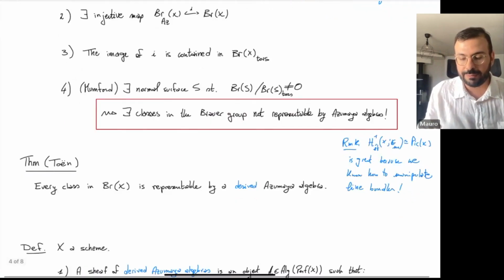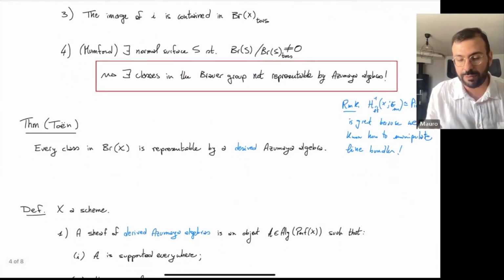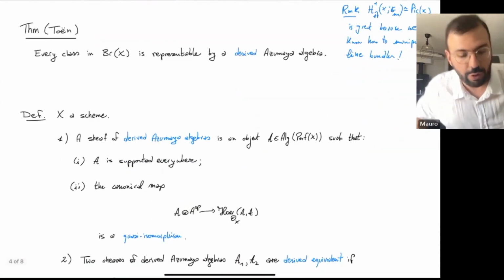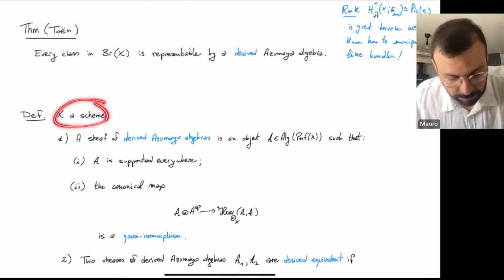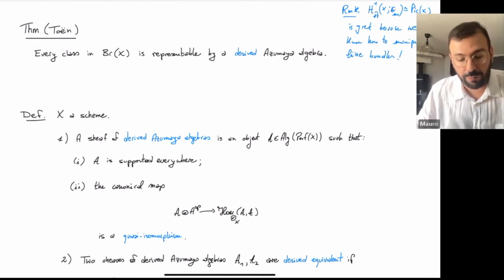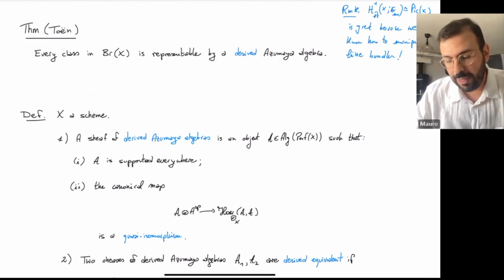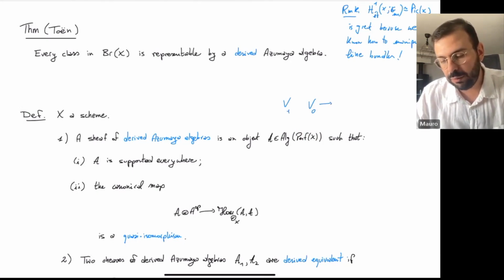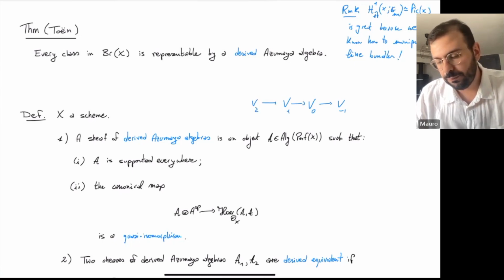And now let me give a definition of what a derived Azumaya algebra is, to get a feeling for the difference with the classical picture. So again, we have some scheme, and a sheaf of derived Azumaya algebras is now a perfect complex. So instead of having a single vector bundle, we have now a complex of vector bundles like this, bounded.